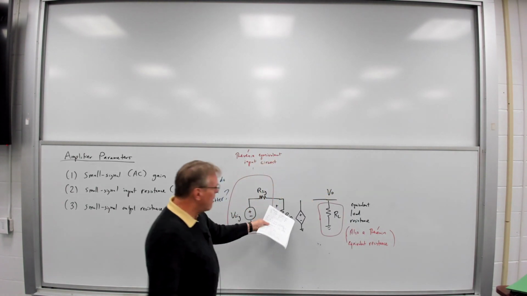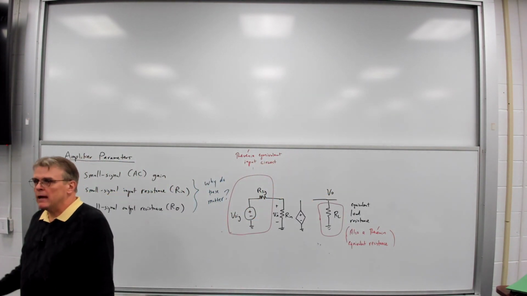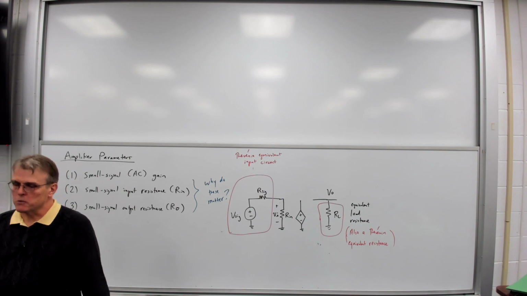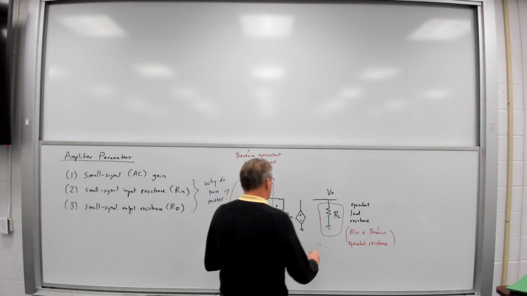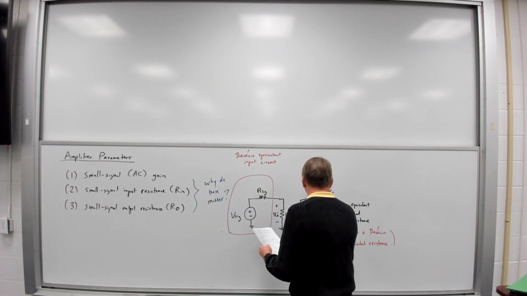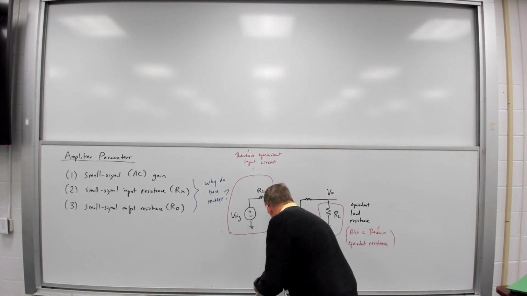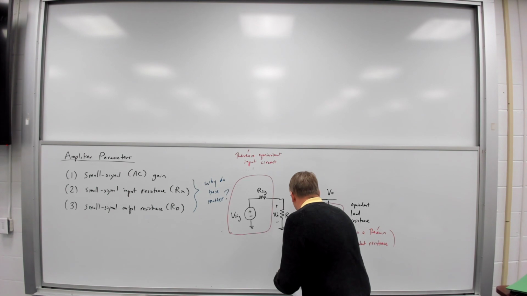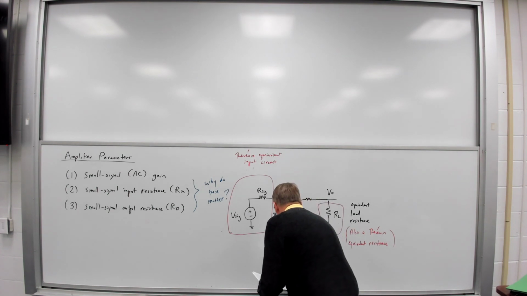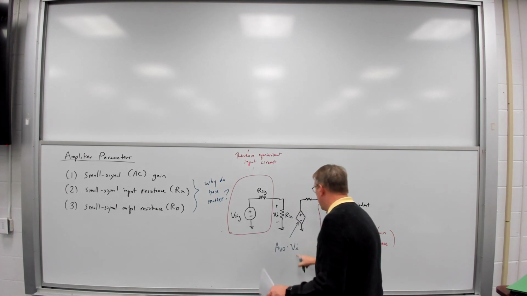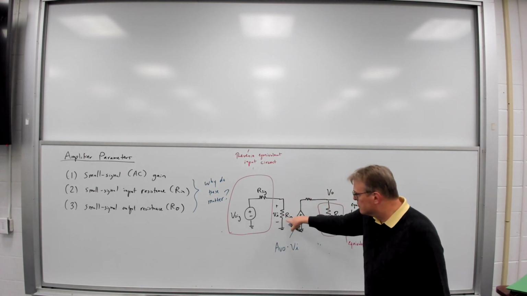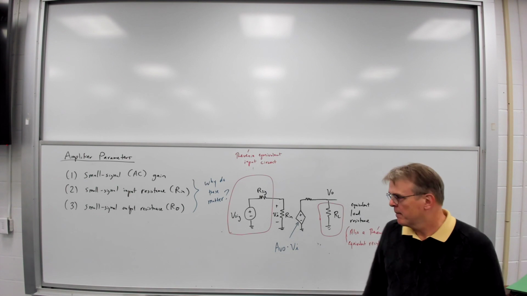And I'm going to model the amplification behavior as a voltage-controlled voltage source. So in this case, this element here has a value of A_VO times V_i, where V_i is the voltage across that input resistance.